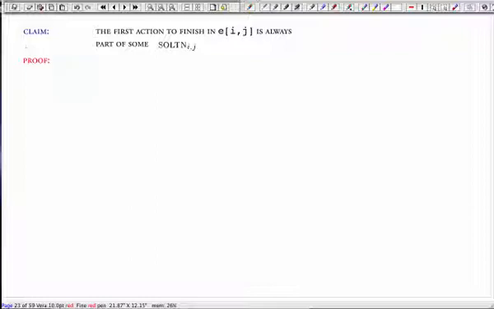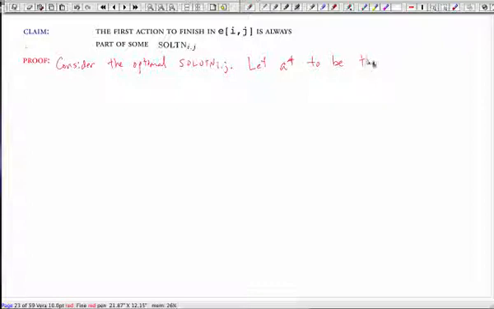So let's consider the optimal solution. This FF stands for first to finish.